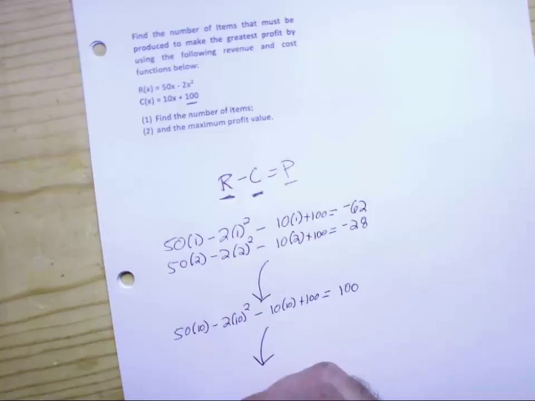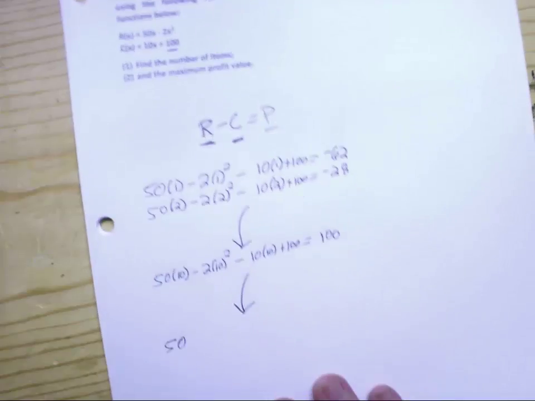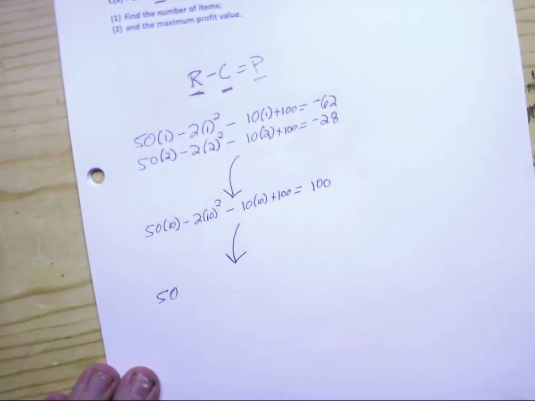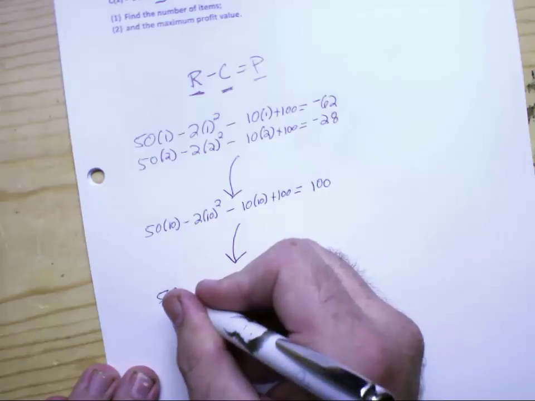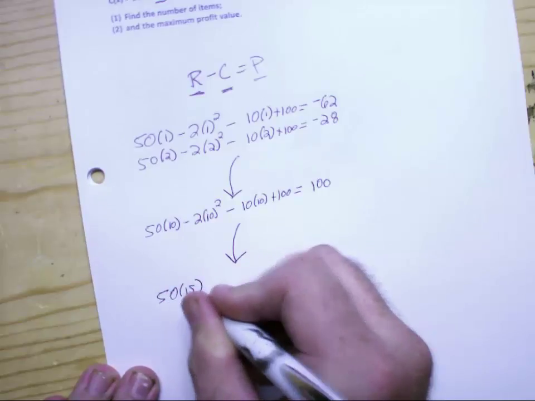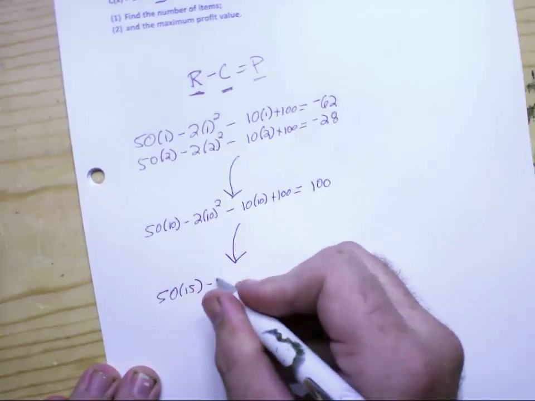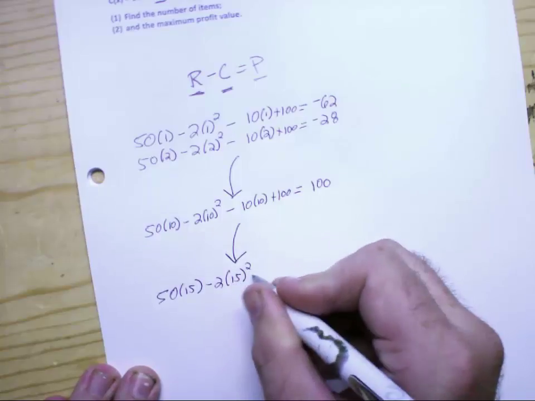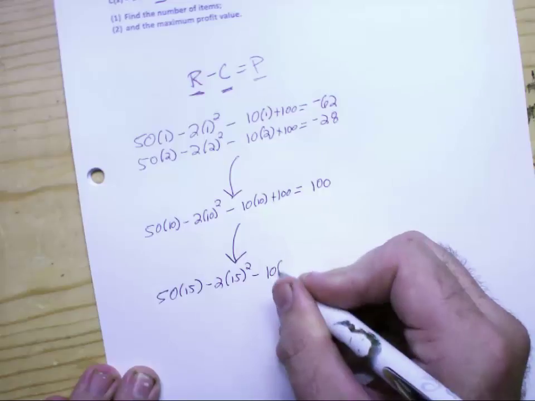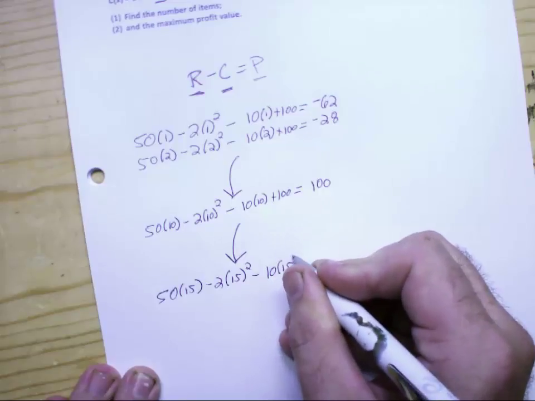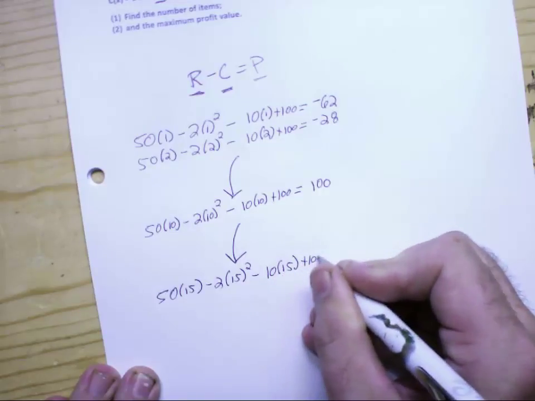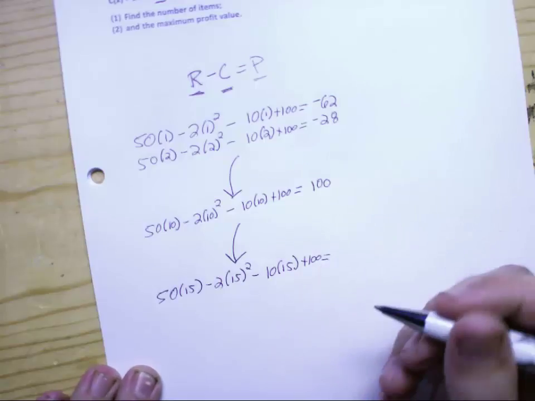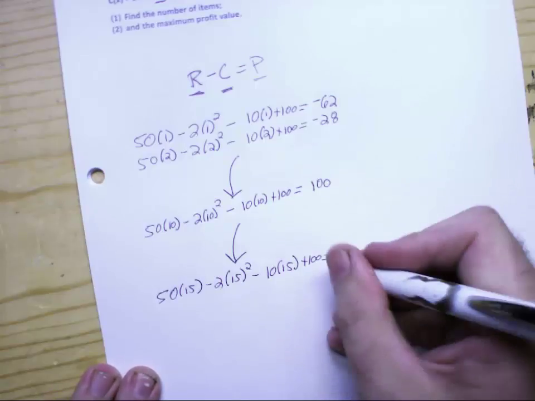Let's say we make 15. So it's 50 times 15. So if we make 15 items, it's going to be $50.